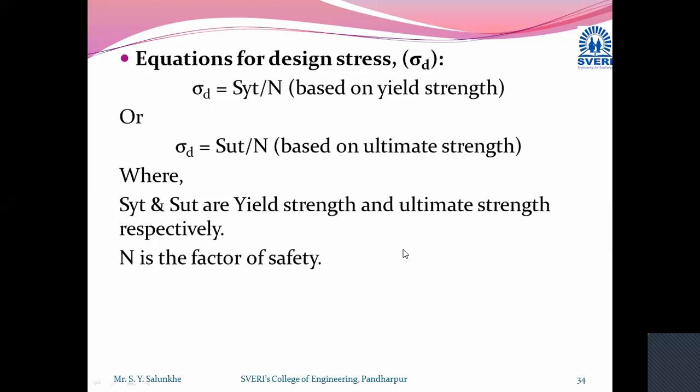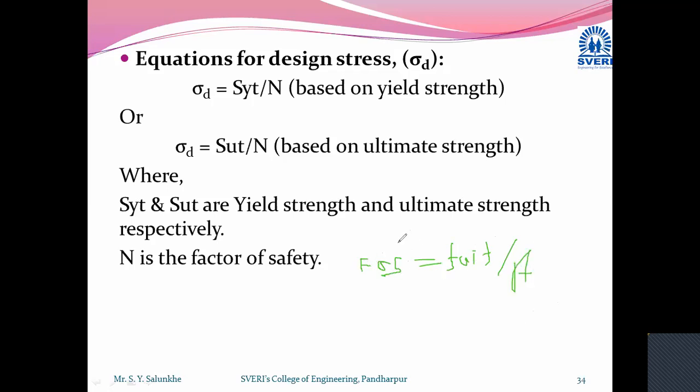So that formula can be rewritten here. The factor of safety is equal to failure stress divided by allowable stress.